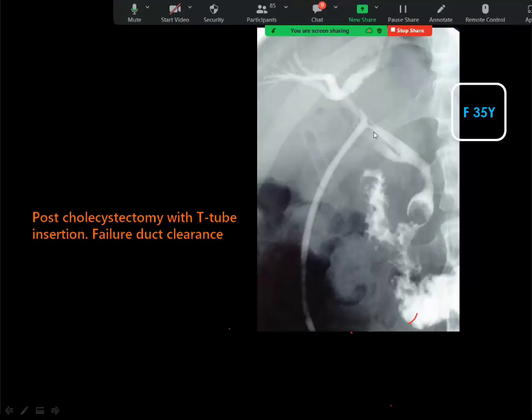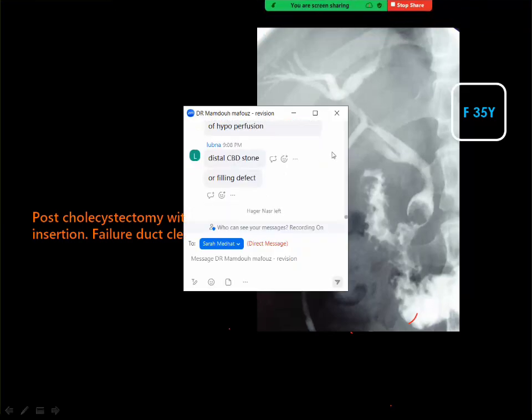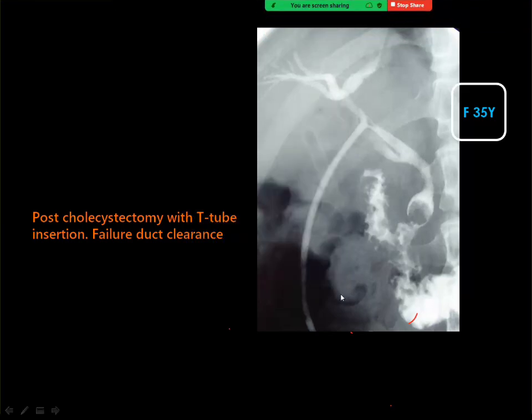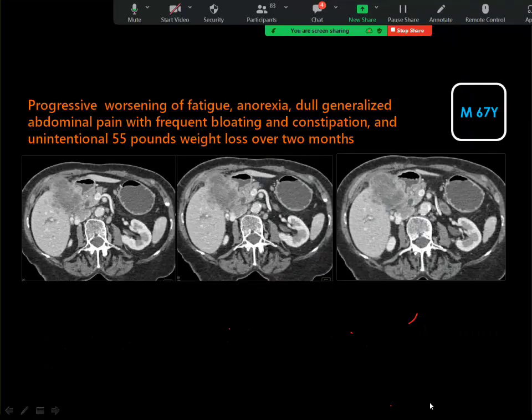They fix the T-tube inside the common bile duct after cholecystectomy before they close the surgical wound, to guard against the possibility of any stones or complications at the distal part of the common bile duct. Yes, and this is a distal common bile duct stone, a smooth filling defect near the ampulla of Vater, representing a common bile duct stone.